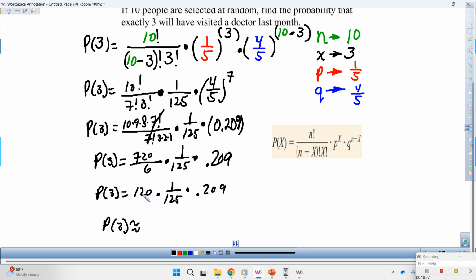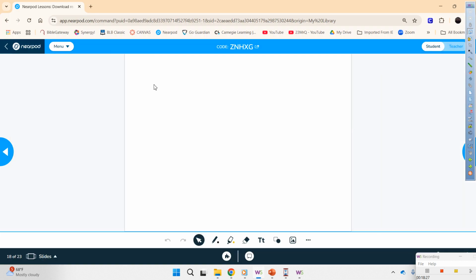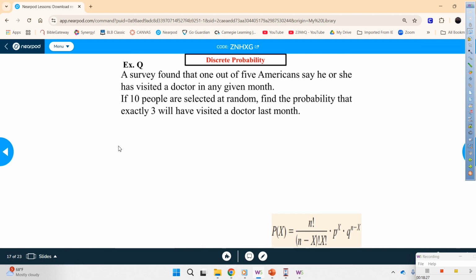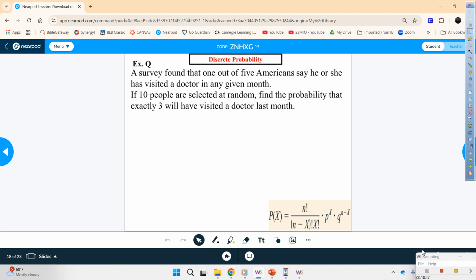Kieran. 120 times 1 over 125 times 0.209 is approximately 0.2. No decimals? All right, we'll leave it at that. All right, send me your notes, please.